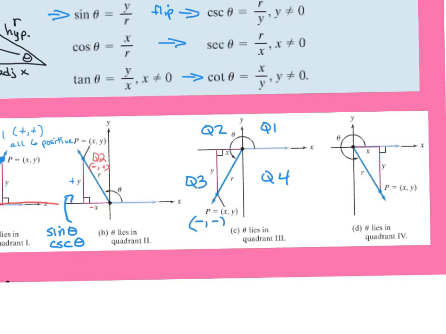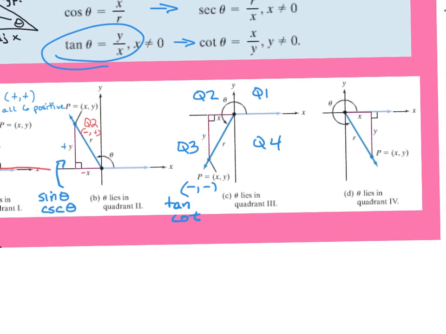The only 2 out of the 6 trig functions that are going to be positive here are tangent and cotangent. Because if you look at it up here, if I have a negative x and a negative y, a negative divided by a negative makes tangent positive. So that's why in quadrant 3, tangent and cotangent are going to be positive.